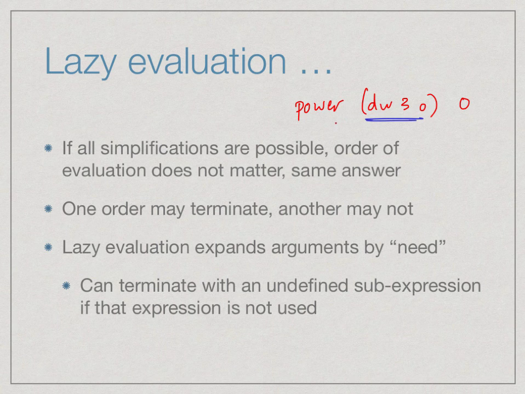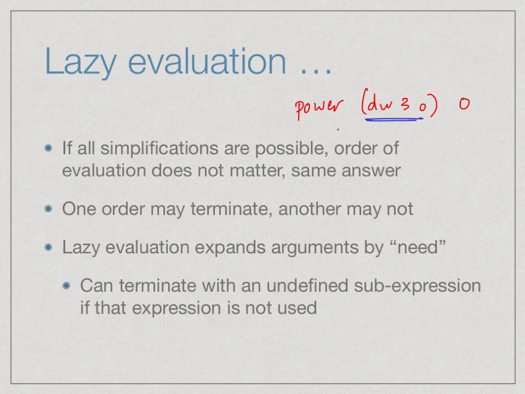Now, we are not claiming that arithmetically something like infinity to the power 0 should be 1. Okay? It's just saying that as per our rules, it is possible to conclude from this expression that the answer is 1. It doesn't mean that it is arithmetically a sensible answer.